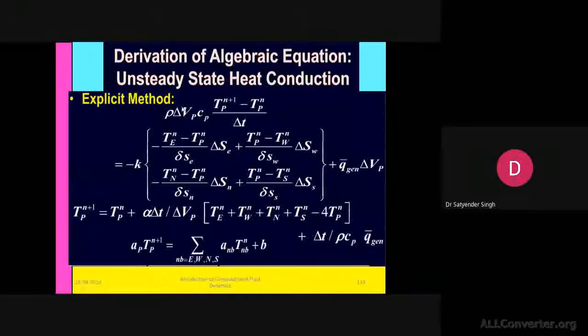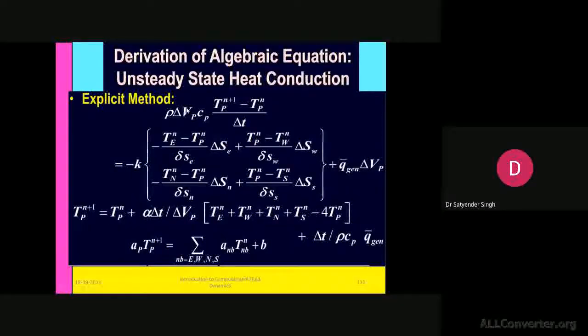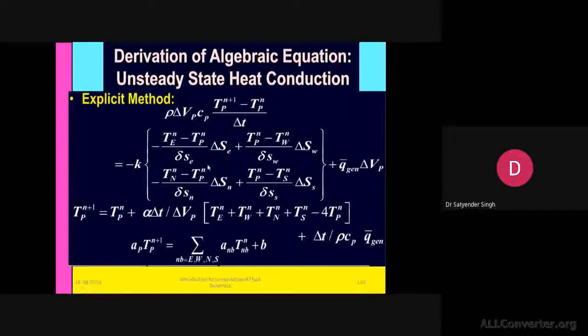The first term is the unsteady term, which is the rate of change of heat energy, and this is heat gain by conduction. This is heat generation.